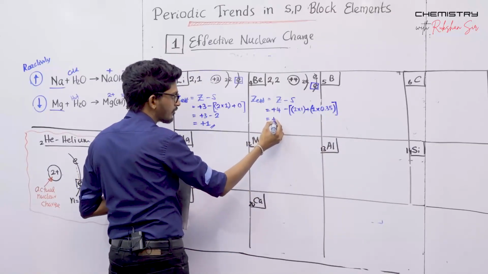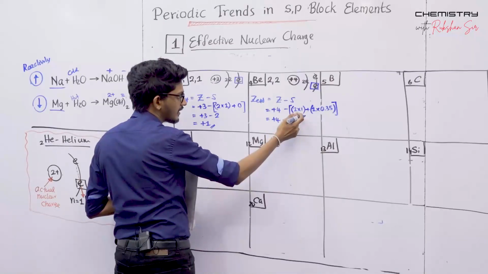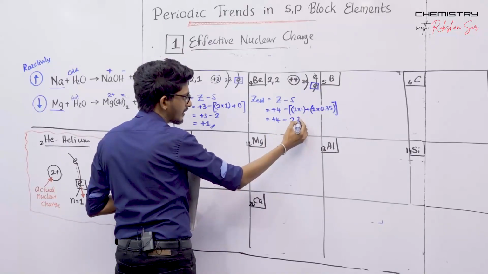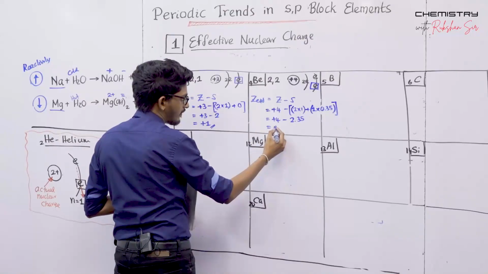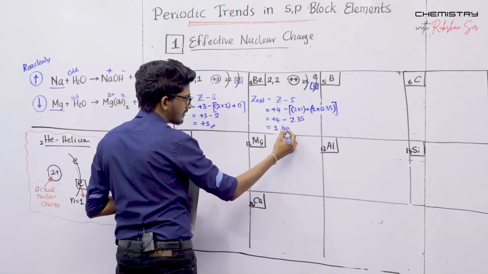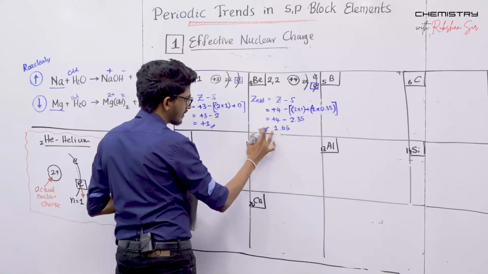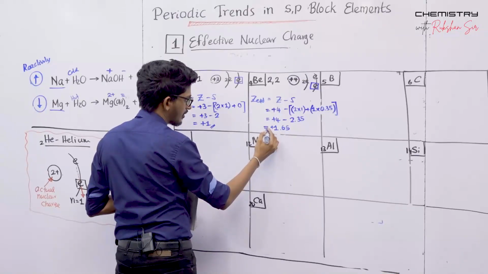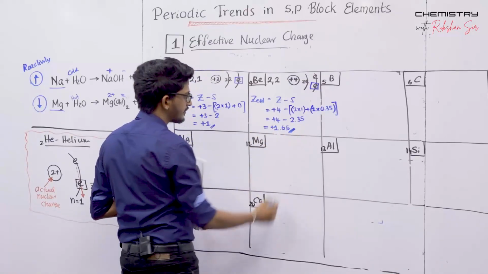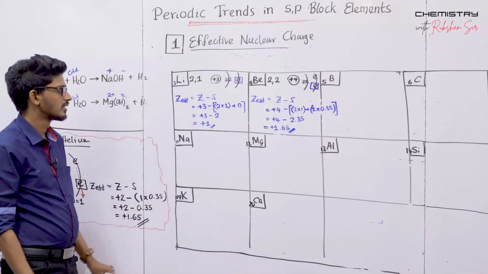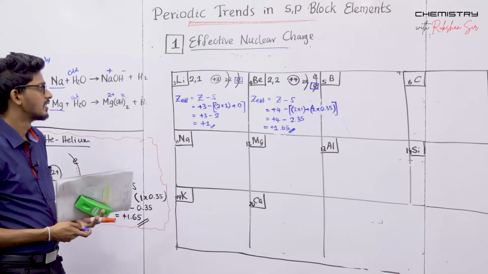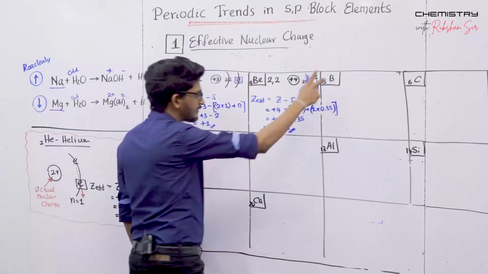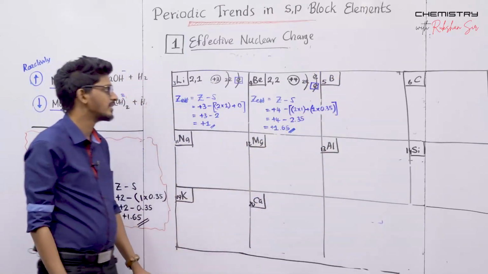So this is going to be +4 minus 2.35. So the effective charge is going to be plus 1.65.